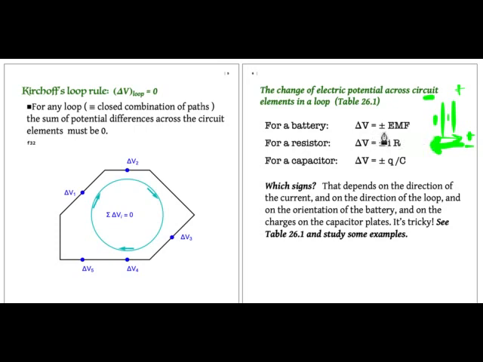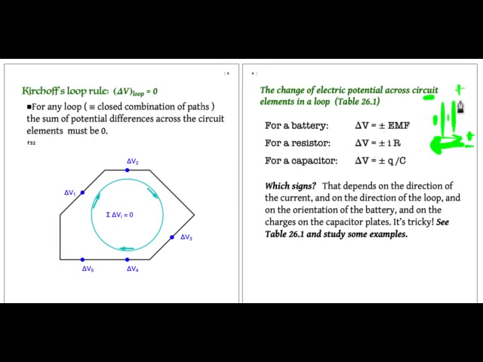So the numerical value is simple. It's just the electromotive force of the battery. The battery maintains a certain potential difference called the EMF, and that's not changing, so that number is simple. What's a little tricky is the sign.